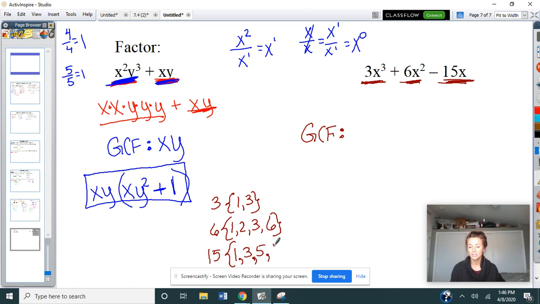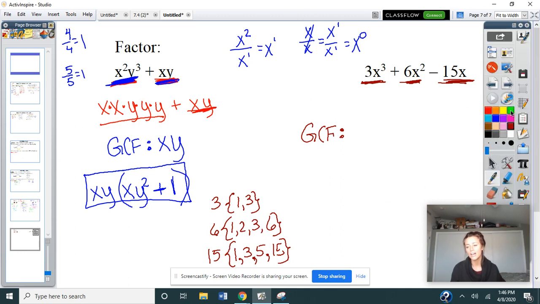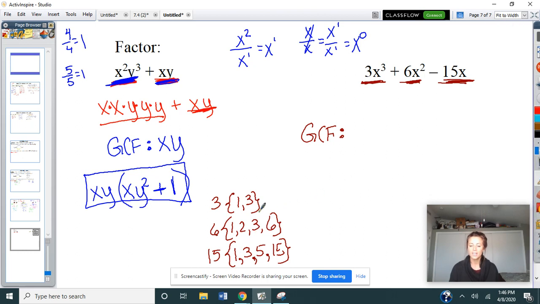And that's it, right? Those are the only factors. We have to figure out what they all have in common. So they all have a 1, and they all have a 3. That's it. So which one's the greatest number? 3. They all have a 3. So the GCF of the numbers is 3.